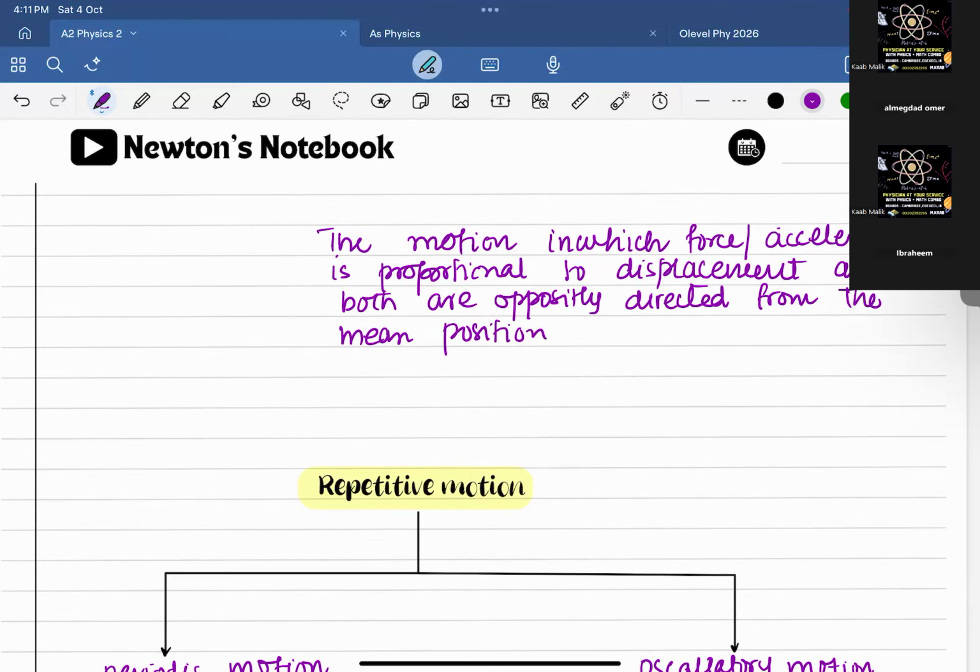So this is the definition of the simple harmonic motion we have right now.